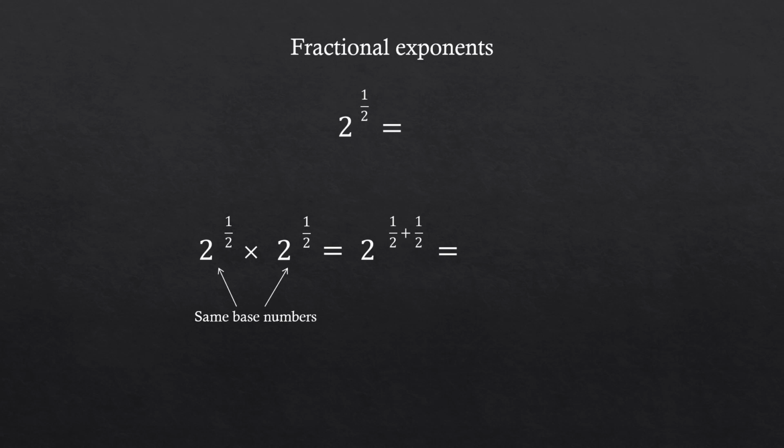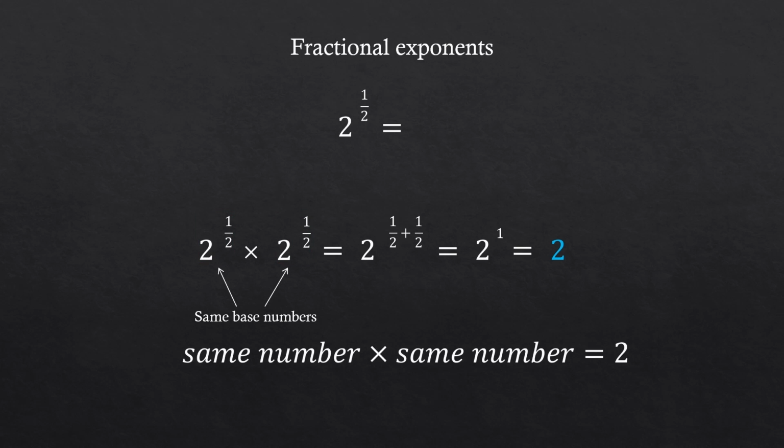So 2 to the power of 1 over 2 plus 1 over 2. And what is 1 over 2 plus 1 over 2? That's just 1, right? And surprise, 2 to the power of 1 is just 2, right? 2 to the power of 1 over 2, whatever that is, we just obtained this 2 by multiplying these two same numbers.